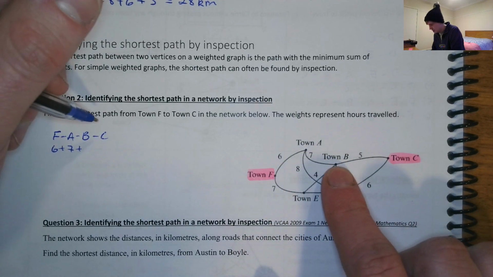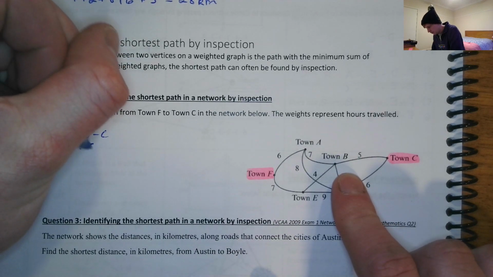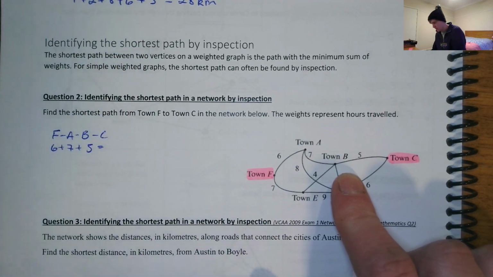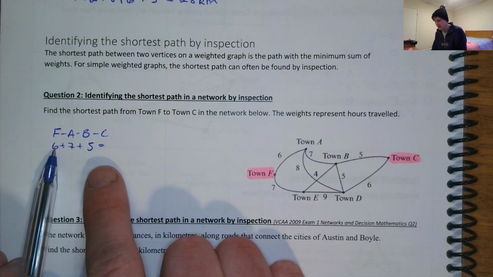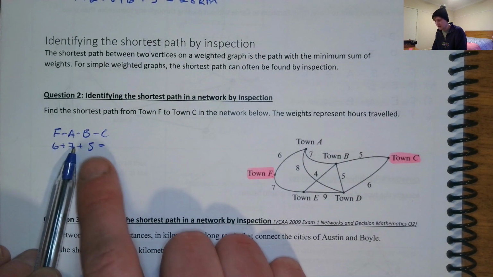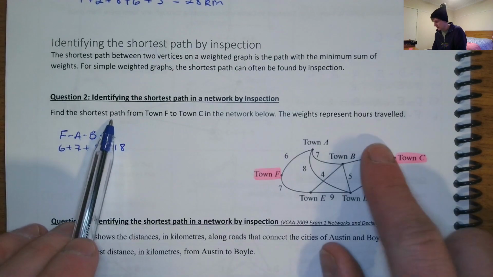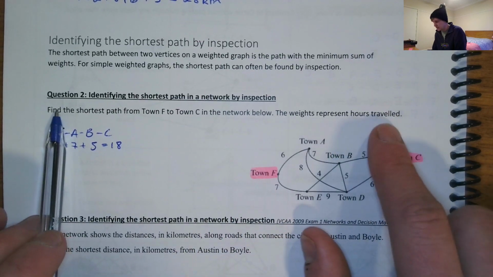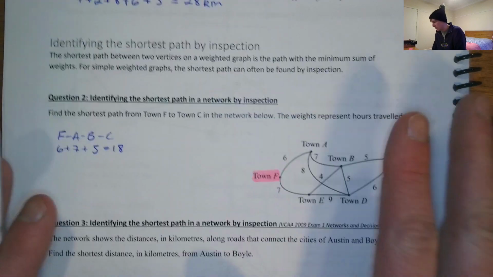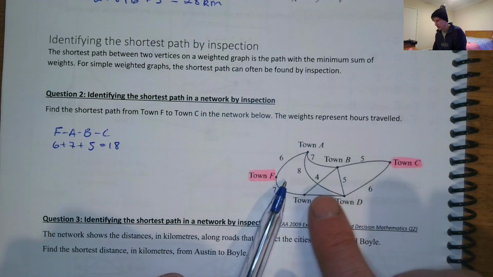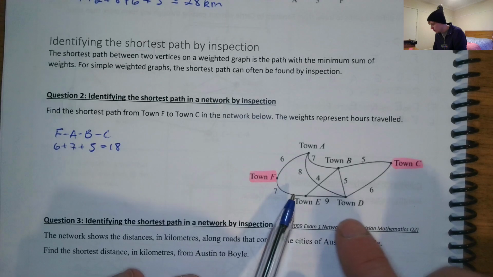So we've got 6 and 7, so 13 plus 5 is 18, that would be 18. Noticing it doesn't actually tell us in this question what that's worth, so we're happy to leave that at 18. All right, then we might try another one that we think could get us there.